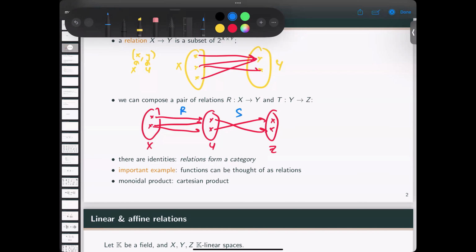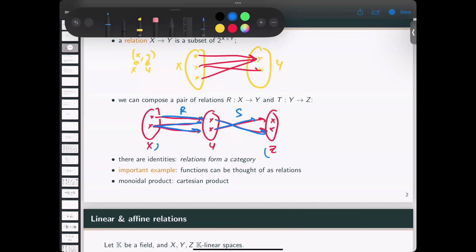And then I can construct a new relation S composed with R simply by imposing that the pairs of this composed relation are obtained if I include a pair of an element in X and an element in Z if and only if there's a path from that element in X through R into Y and then through S into Z. And so I would get some number of new pairs in this new composed relation.